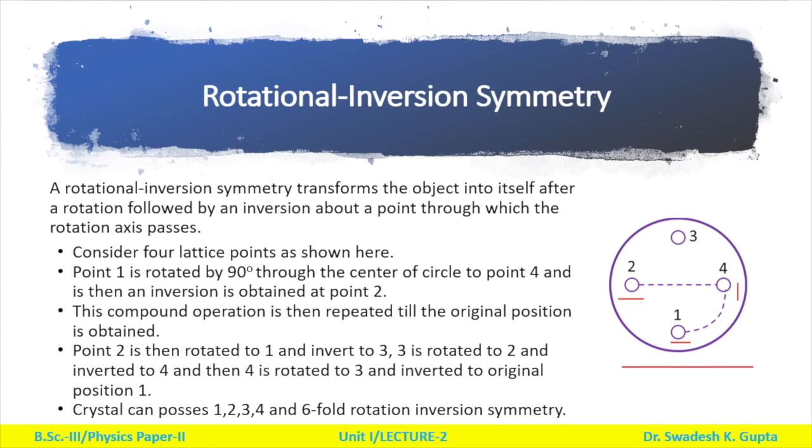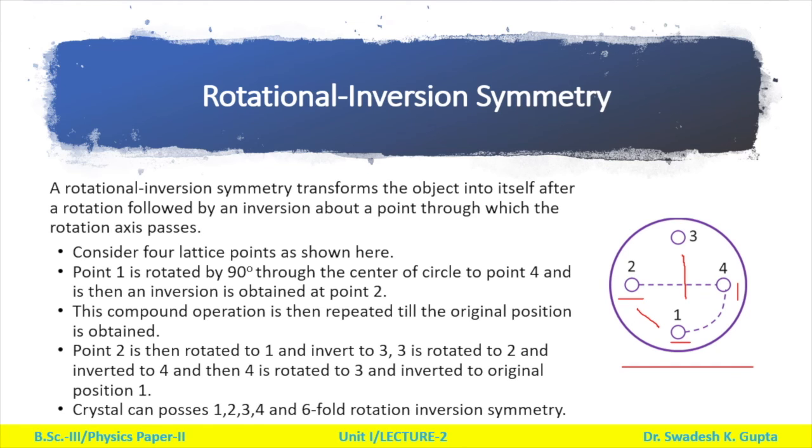Now, if we want point 2 to reach the original position 1, we have to perform this operation again. So again if we perform this, then 2 will rotate to 1 and 1 will get inversion to 3.